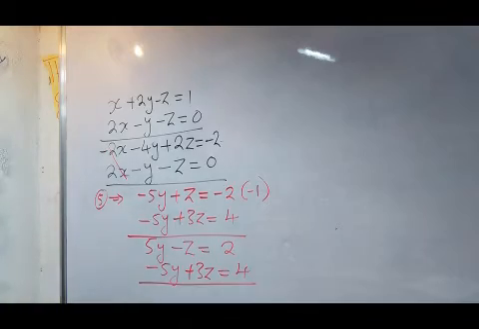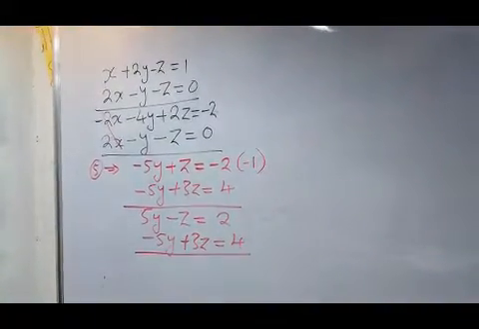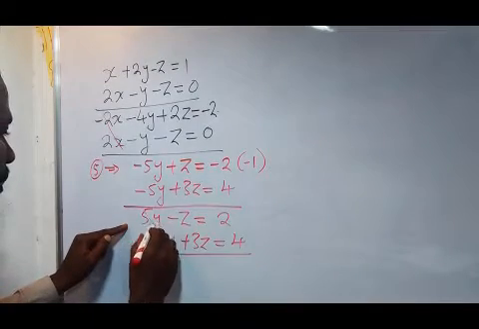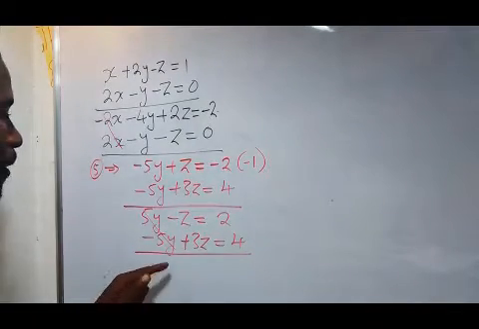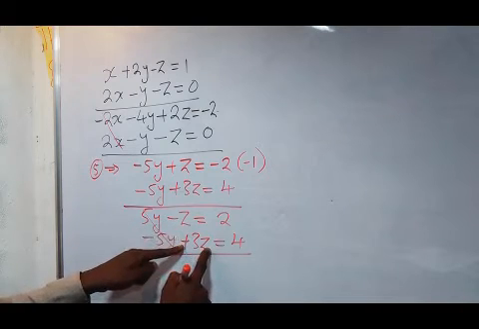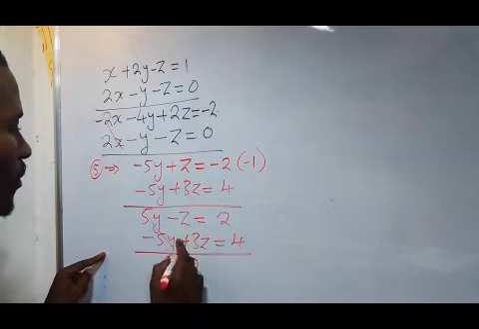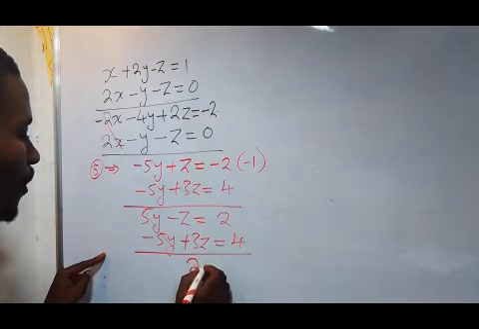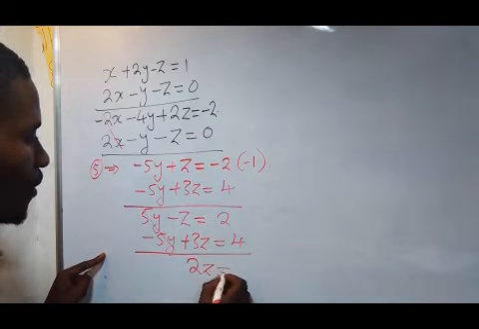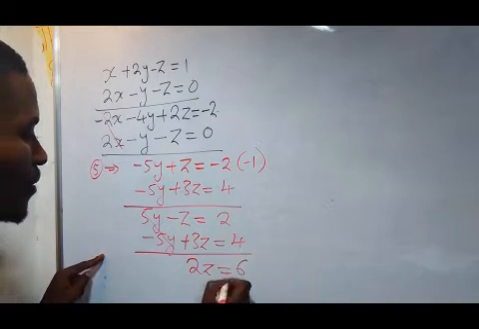And then what this means is that I can now eliminate this part. Then I can say negative z plus 3z, so I'm just going to remain with 2z, equals this plus this, 6.